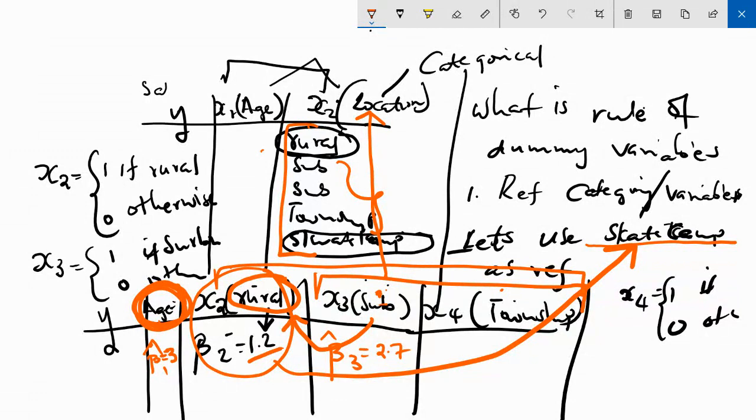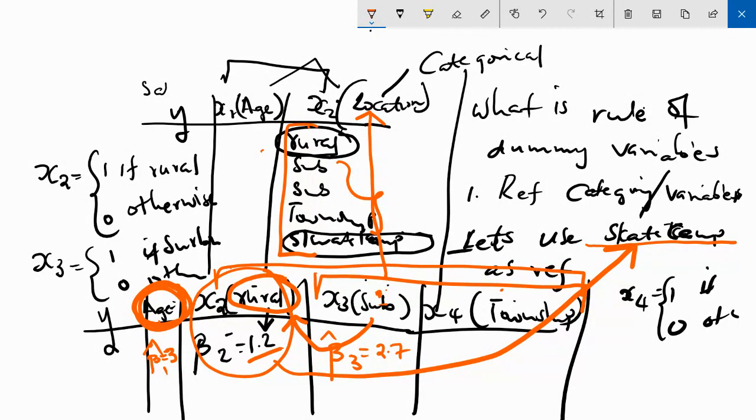Holding the effect of location constant, we expect the house to cost 3,000 more every time the age increases by 1. Age is in years.